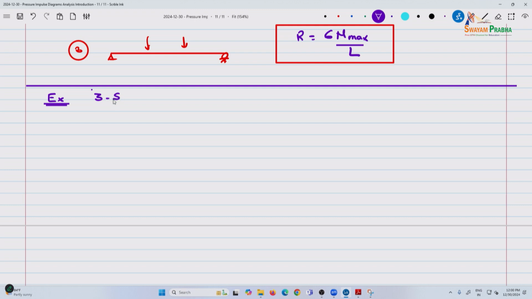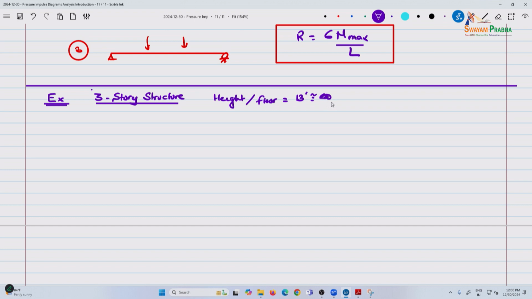It's a 3-story structure. The height per floor is 13 feet, approximately 4 meters.